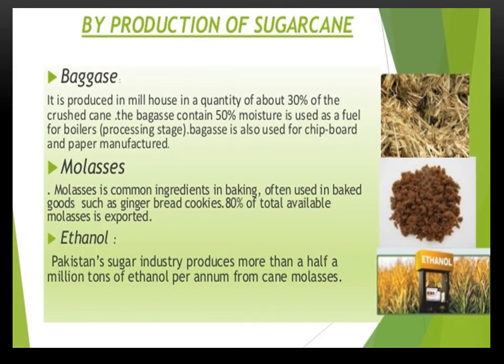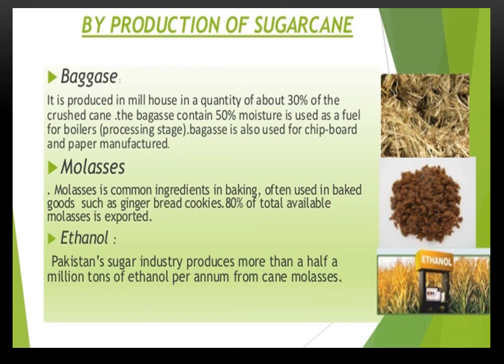The byproducts of sugarcane are known as the secondary products. These are like bagasse. Bagasse is produced in the mill house in a quantity of about 30% of the crushed cane. The bagasse, containing 50% moisture, is used as a fuel for boilers. Bagasse is also used for chipboard and paper manufacture.